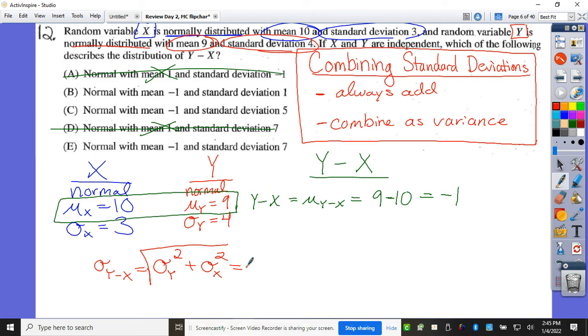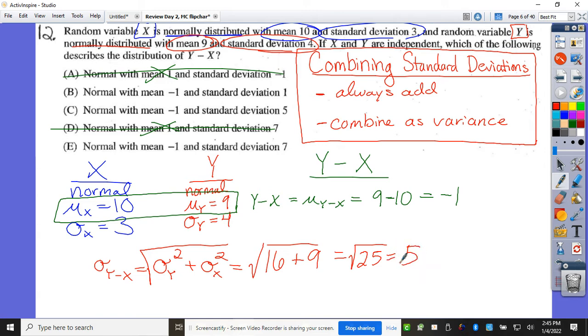So what is my variance for y? 16. What is my variance for x? 9. So I'm taking 4 squared, 3 squared. What's 16 plus 9? 25, which gives me a standard deviation of 5.